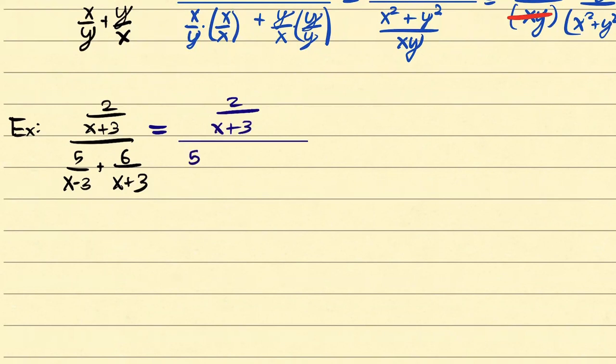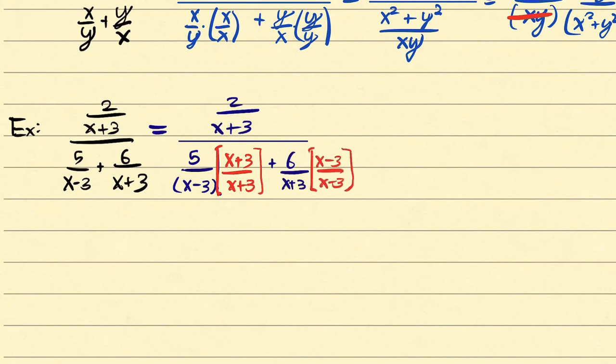What I'm going to do is multiply this quantity, maybe I'll use a different color to emphasize that, by x plus 3 over x plus 3. I'm going to multiply this quantity by x minus 3 over x minus 3, because in this question I want to combine this numerator and denominator, and I need a common denominator to do that.